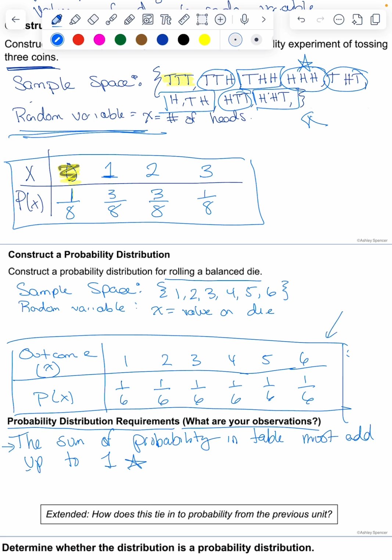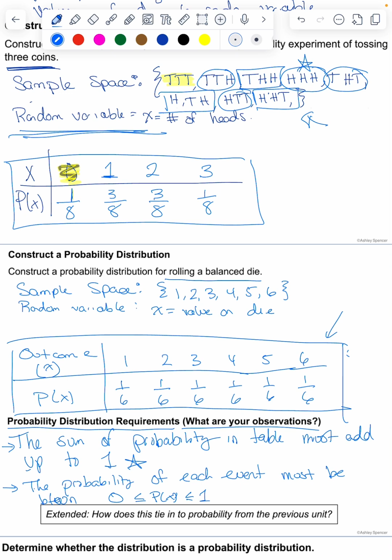And then the other thing is that the probability of each event must be between 0 and 1.